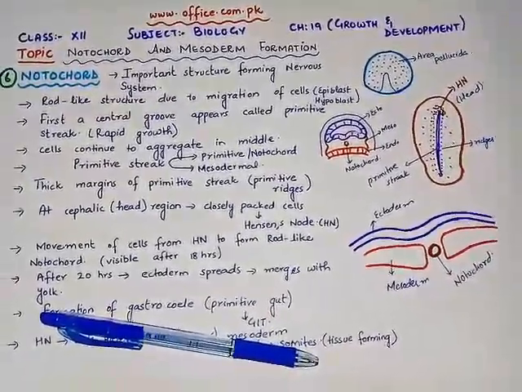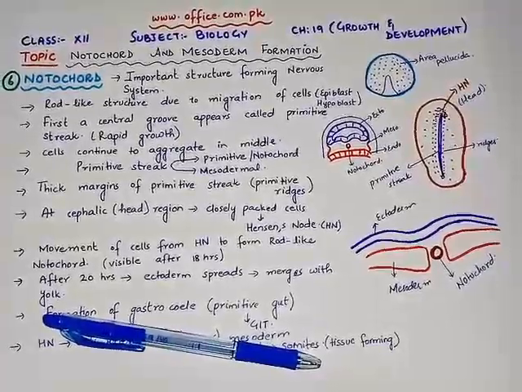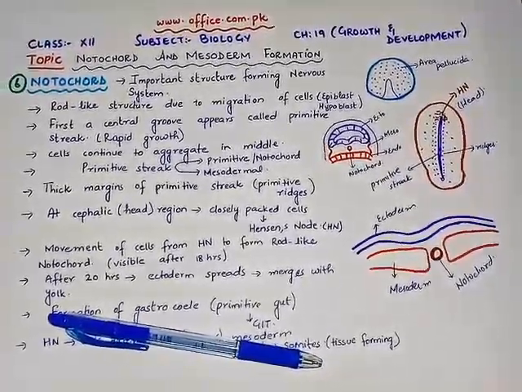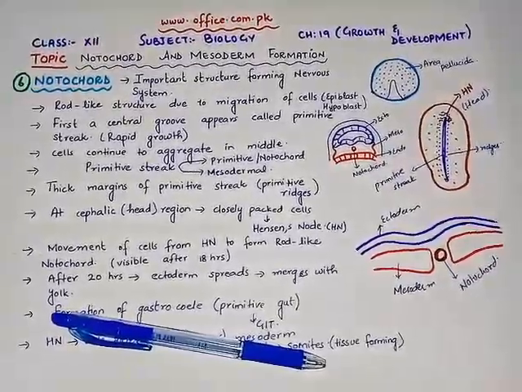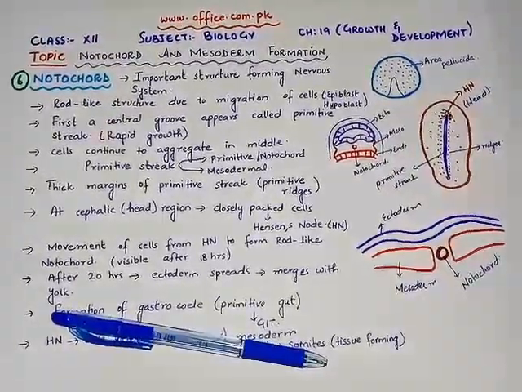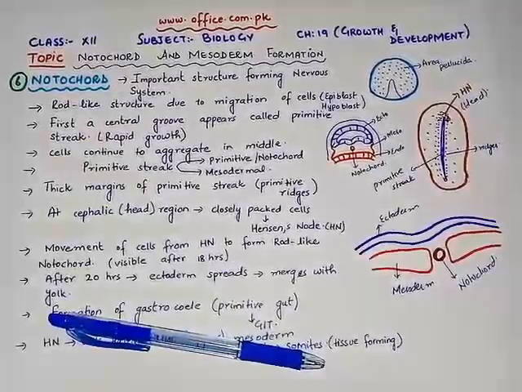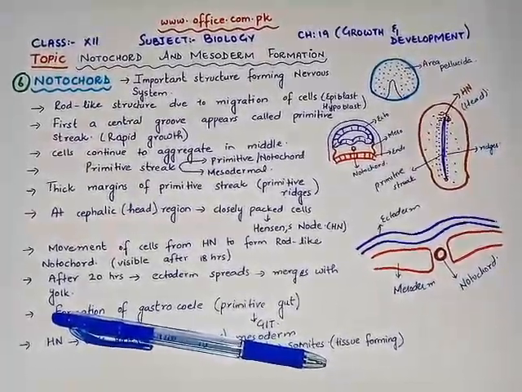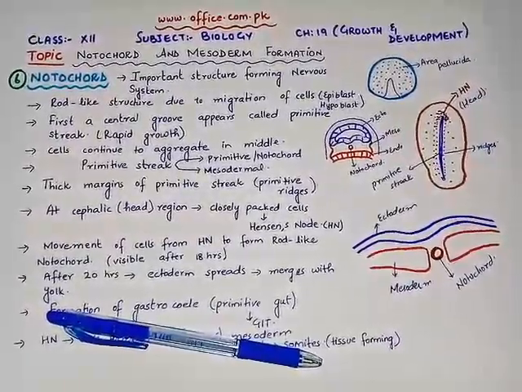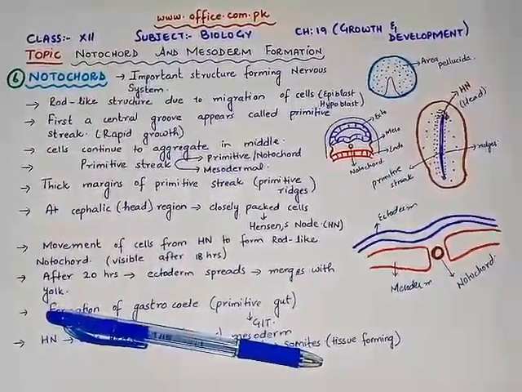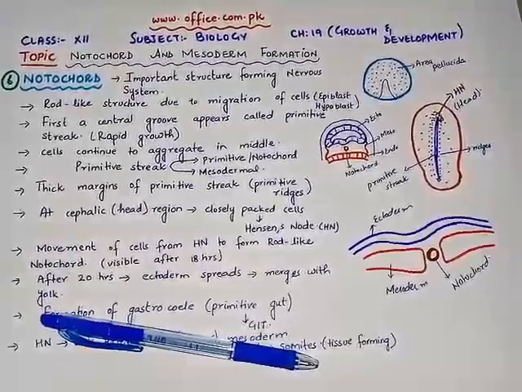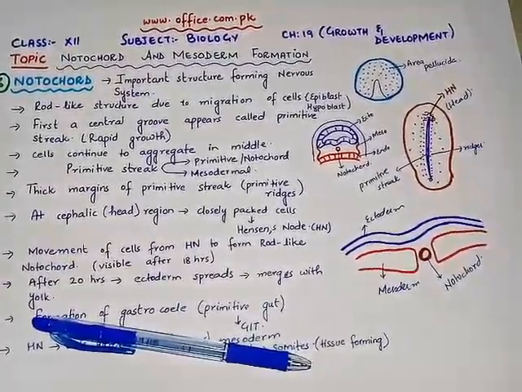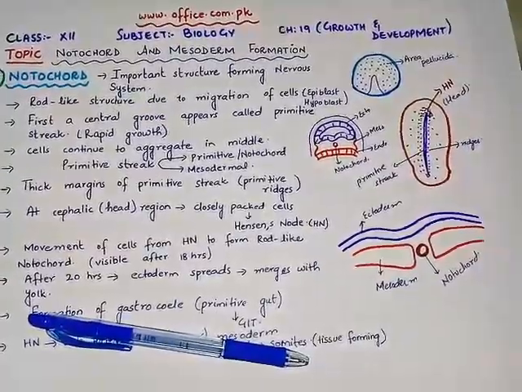Today, the topic which we are going to discuss is the formation of notochord and mesoderm. The notochord is a very important tube-like or rod-like structure which is a characteristic property of chordates. After the development is completed, the notochord changes into the nucleus pulposus, which is present in the middle portion inside the spinal cord.